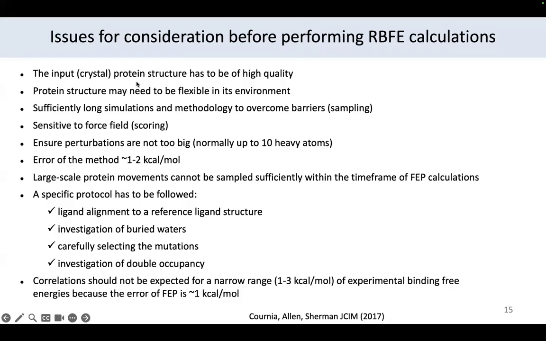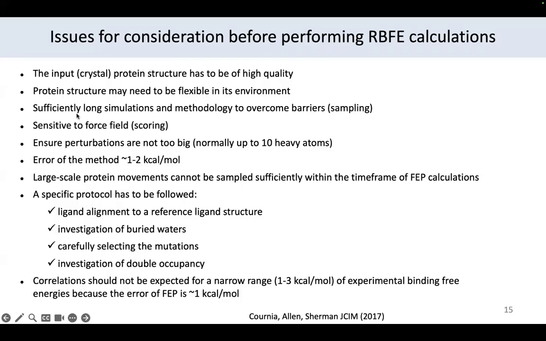If you don't have the crystal structure, or if you are trying AlphaFold, you are not going to have as good results, because the input of the coordinates really matters for this calculation. Also, the protein structure may need to be flexible in its environment, as we saw in the case of the M2TM channel and the lipid bilayer.